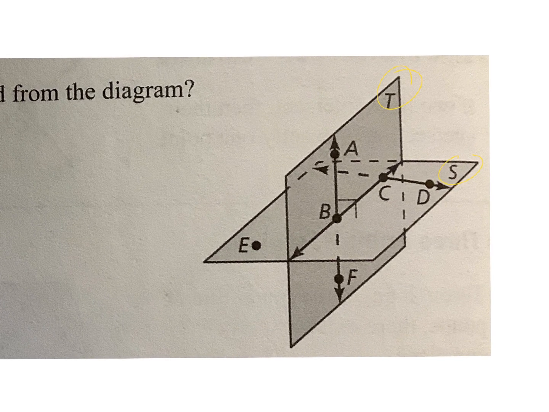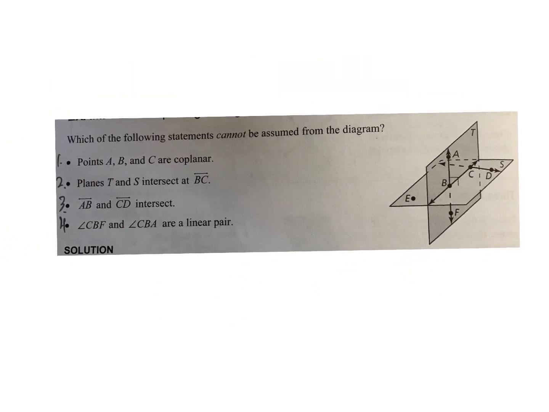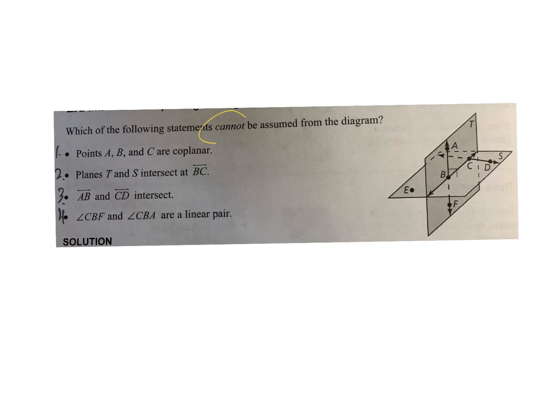Write on your paper, yes or no. Okay, what postulate is that? Plane intersection postulate. All right. So far, we haven't found any that cannot be assumed. So let's try number 3.